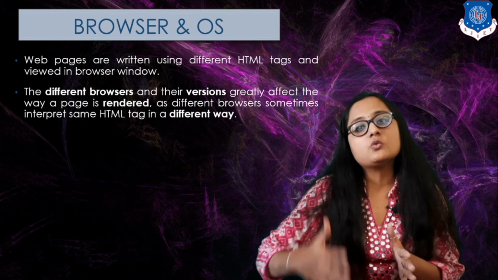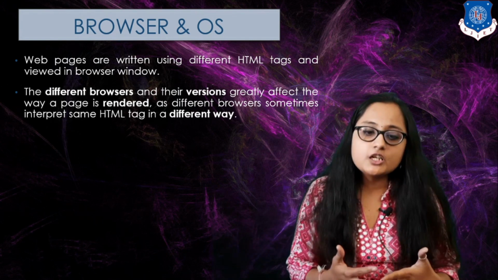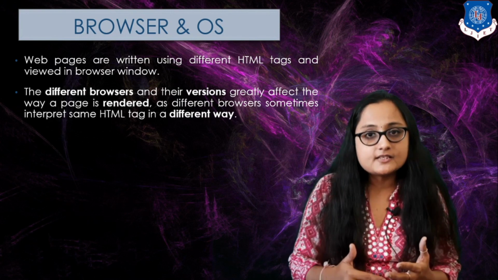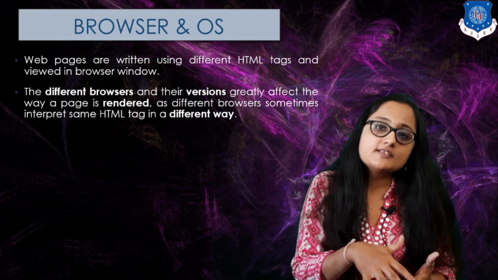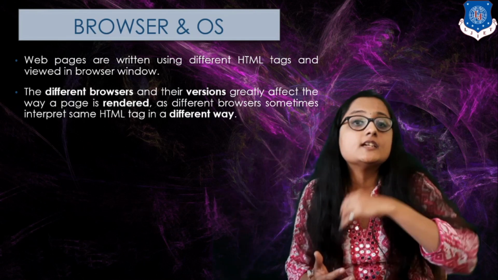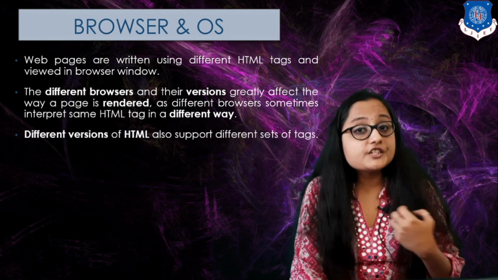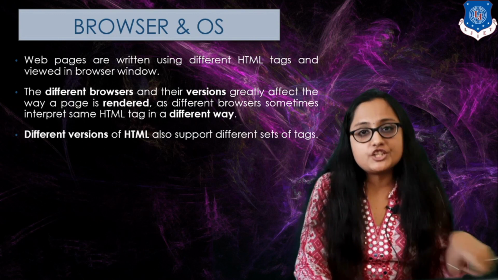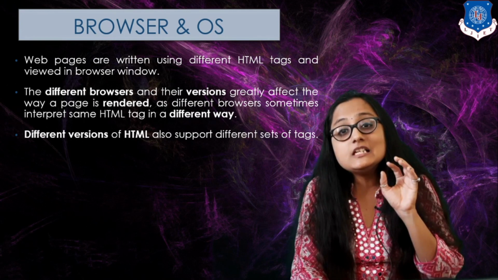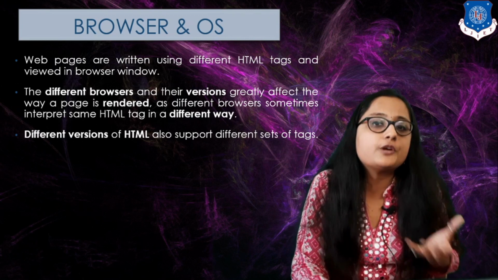So every browser and every version of a browser may have a different rendering engine. So it is possible that one browser interprets an HTML tag in one way, whereas another browser interprets it in some different way. Also, different versions of HTML support different sets of tags. Now each set of tags may or may not be supported by every version of your browser, right?